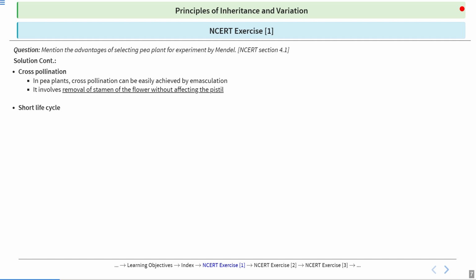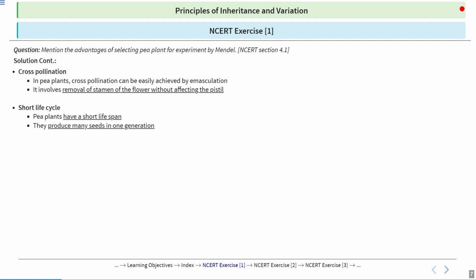Now, the pea plant has a very short life cycle. The pea plant has a very short lifespan and produces many seeds in one generation. If many seeds and many offspring are produced, then you can say the results are quite robust.